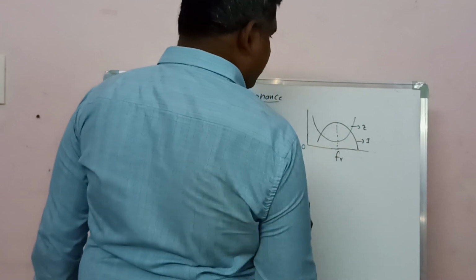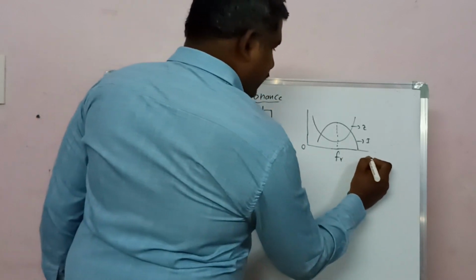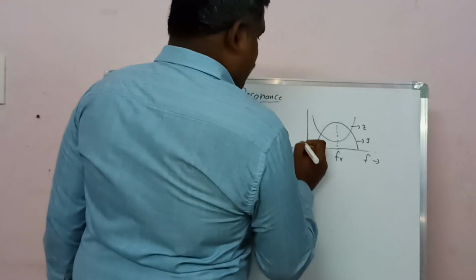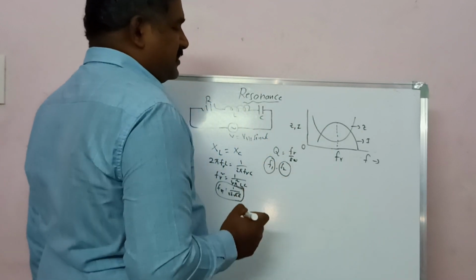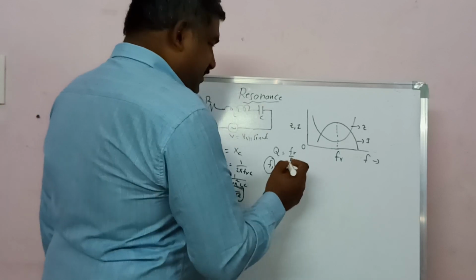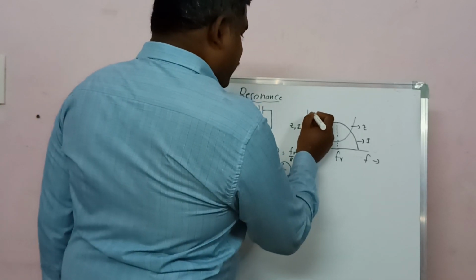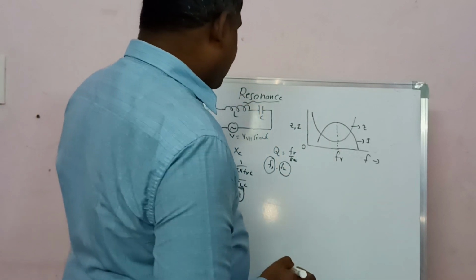So it has to be varied from 0, and this is my frequency, and the y-axis is given for two different parameters called Z and I. So initially the Z is maintained at the maximum value, as I said earlier.